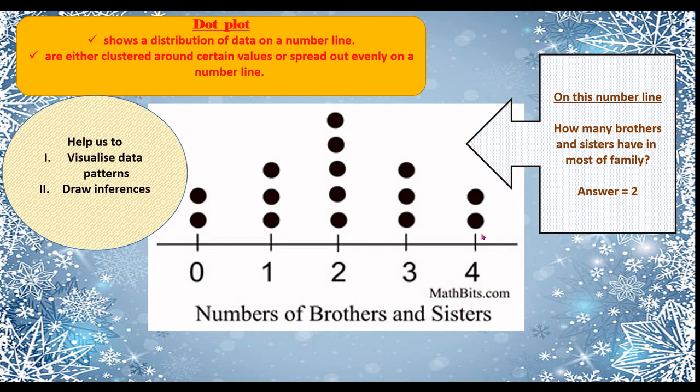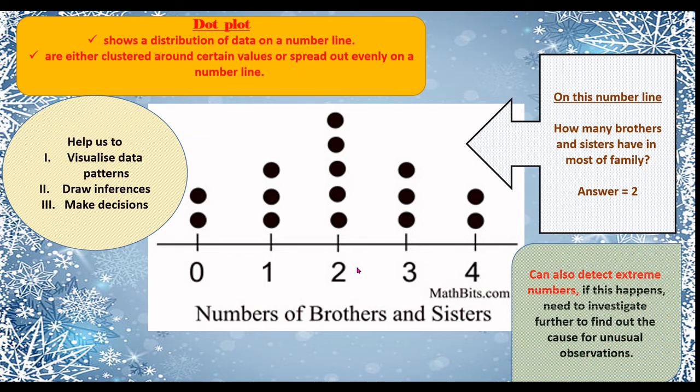Compared to 4 brothers and sisters plus himself and the father and mother, they have 7 family members in total, which is a big family. So we can draw the inference. After that we can also make a decision. How do you want to use the number of brothers and sisters to make your decision?